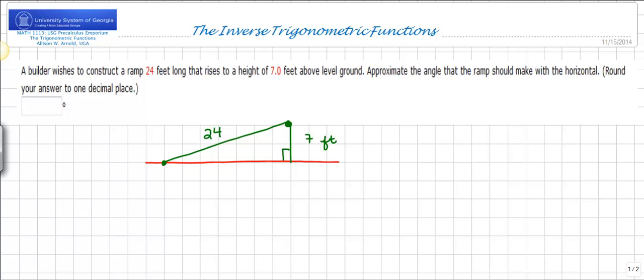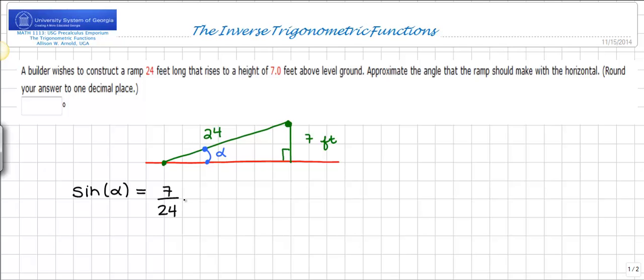And then we want the angle the ramp should make with the horizontal. Let's call it alpha. So it's between the hypotenuse and level ground. Now, the first thing I notice as far as a trig situation is that the sine of alpha should be the number 7/24.